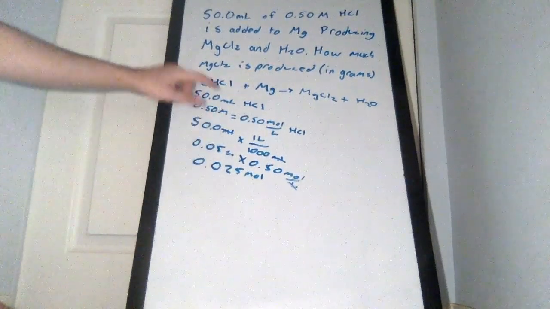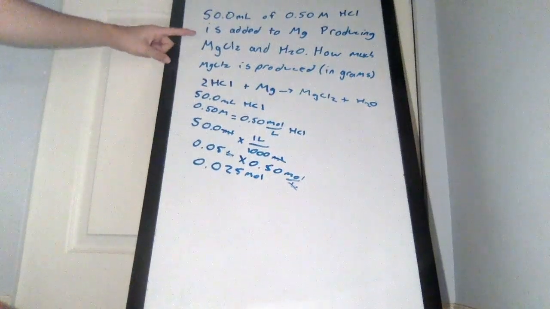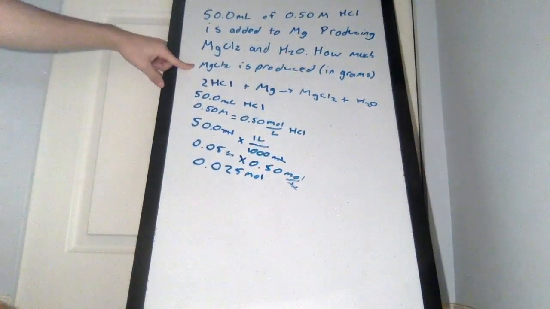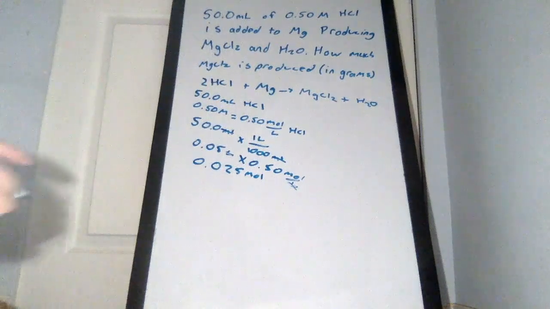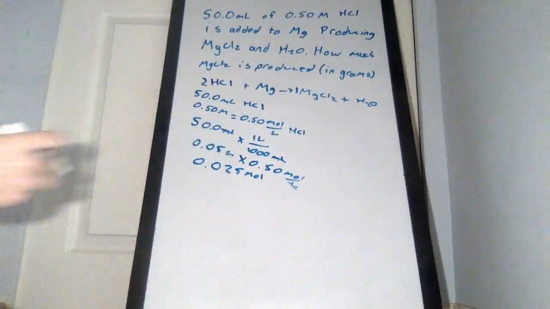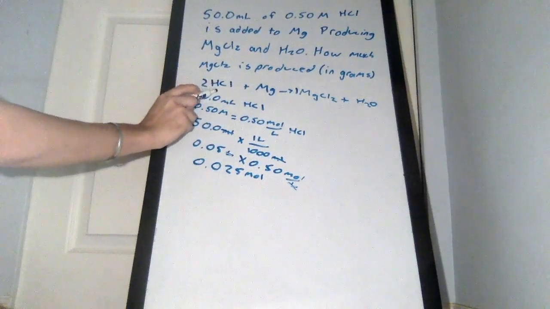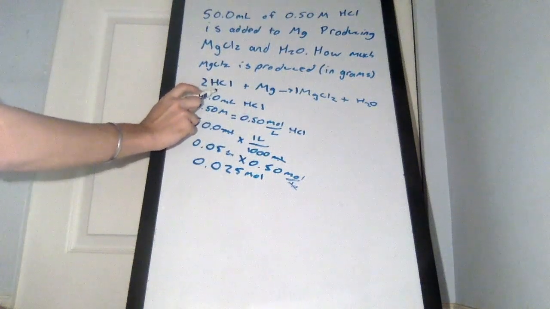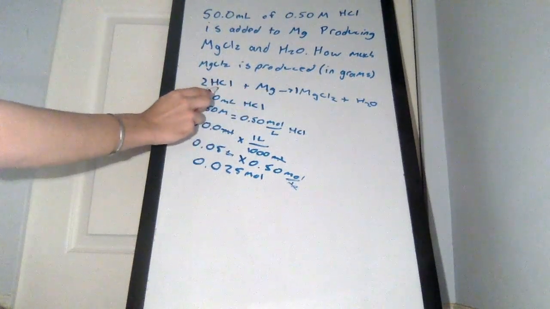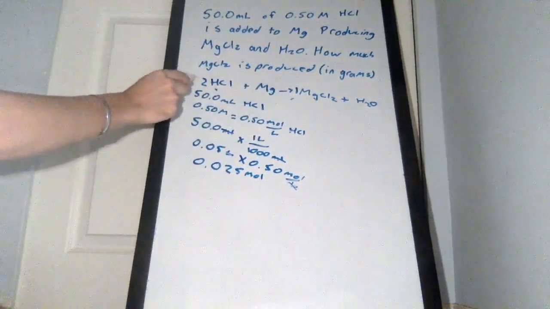All right, now we're going to refer back to our equation here. So we've got 0.025 moles of HCl, and we want to find out how much MgCl2 is produced. So we know that Mg has a coefficient of 1. To get that into MgCl2, we have to multiply it by this coefficient and divide it by this coefficient.